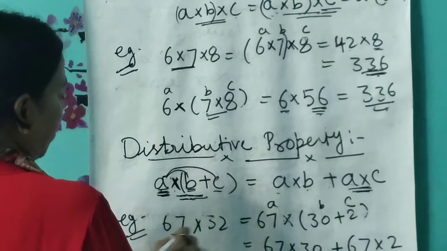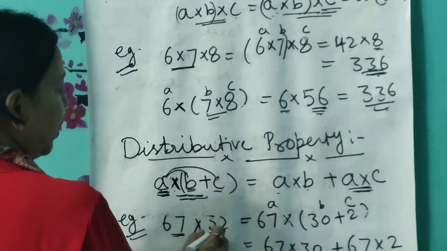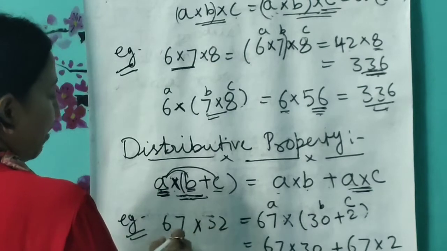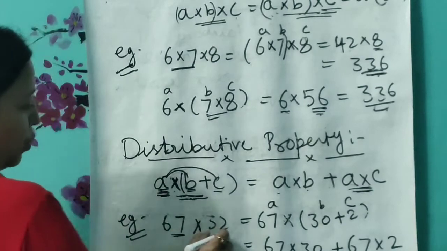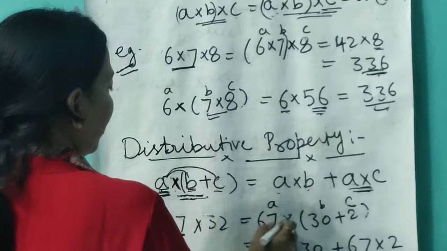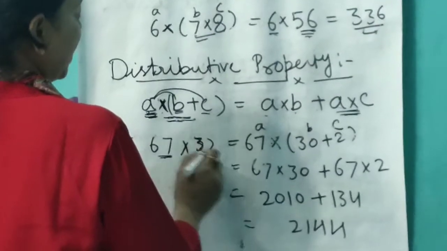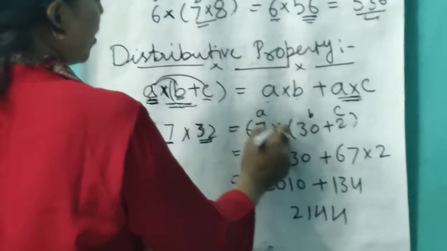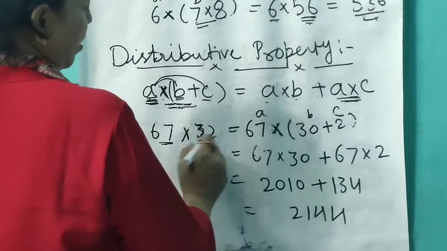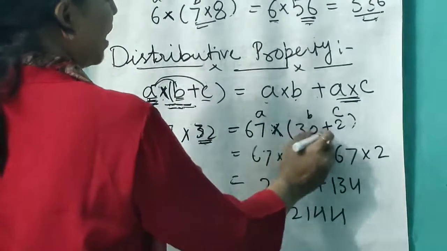Like here, first number is 67 multiplied with 32. Here now 67, and we can write this 32 in two parts. To make the multiplication easy, we will break the 32 into two parts, 30 plus 2.